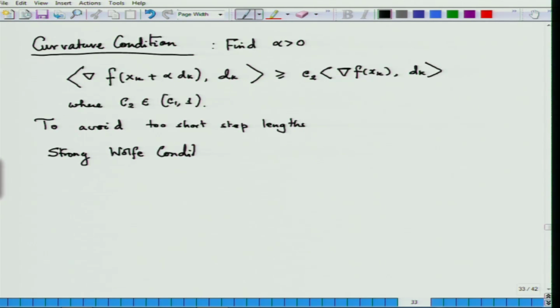The strong Wolfe condition is Armijo plus this fact, that I want to have the alpha satisfying the Armijo condition and also satisfying not just this, but the stronger condition.